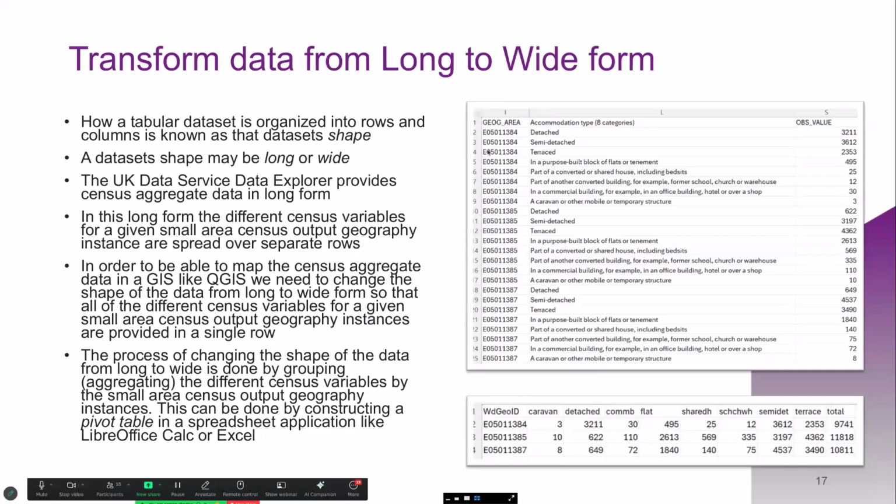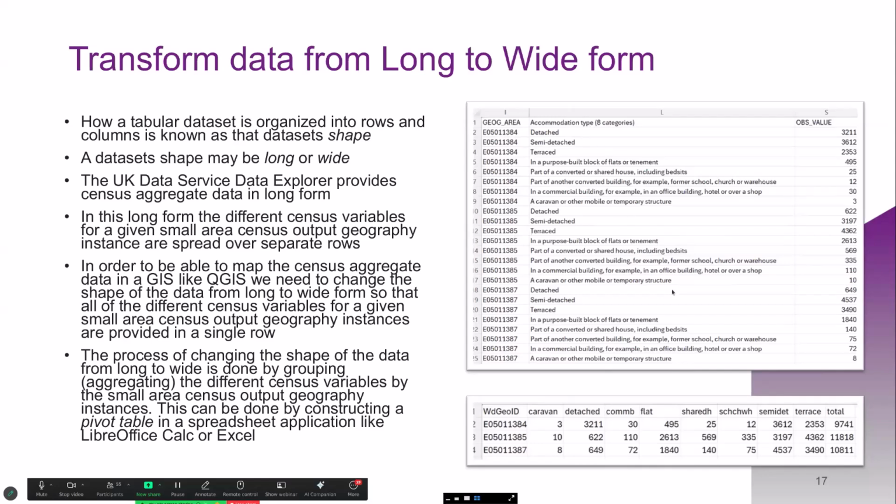So we have to do some data conversion from long to wide form. The process of doing that data conversion within a spreadsheet application like LibreOffice Calc or Excel is to use a pivot table, which will essentially aggregate the data via the unique geographic identifier and then do the transformation from long to wide form.